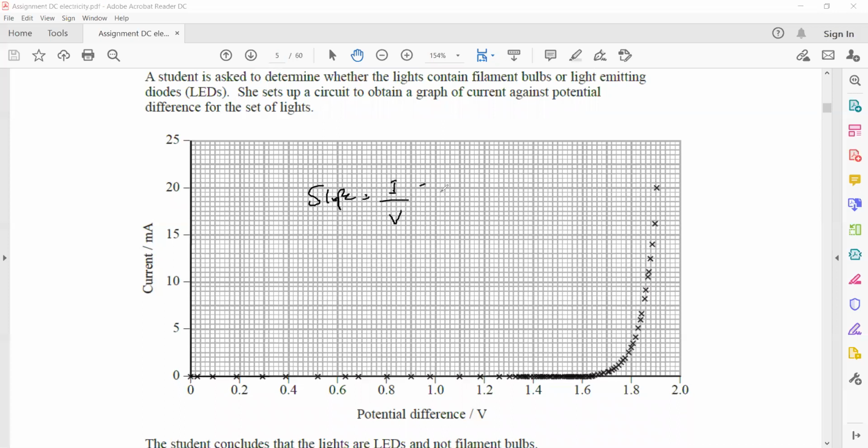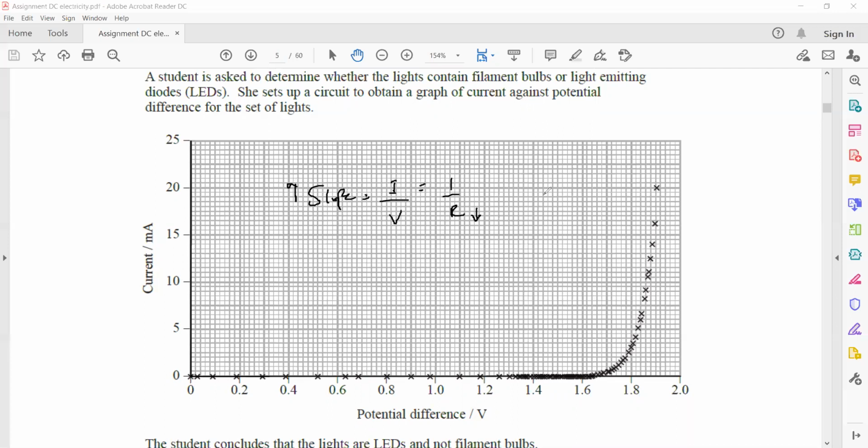So it is current divided by voltage, or 1 over R. So as the slope is increasing, it means the resistance is decreasing. And as you can see here, the slope is increasing, so resistance is decreasing. But for a filament, it does not happen like this. For filament lamps, when we increase the voltage, the resistance also increases. So it is showing a different behavior.